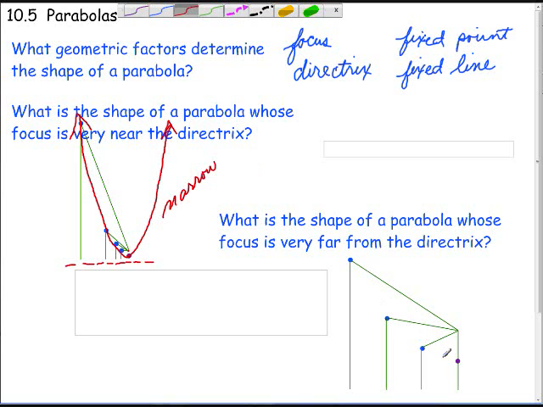Now let's try one where the focus is far from the directrix. So here's the focus, and here's the directrix, and I'm going to try drawing it.